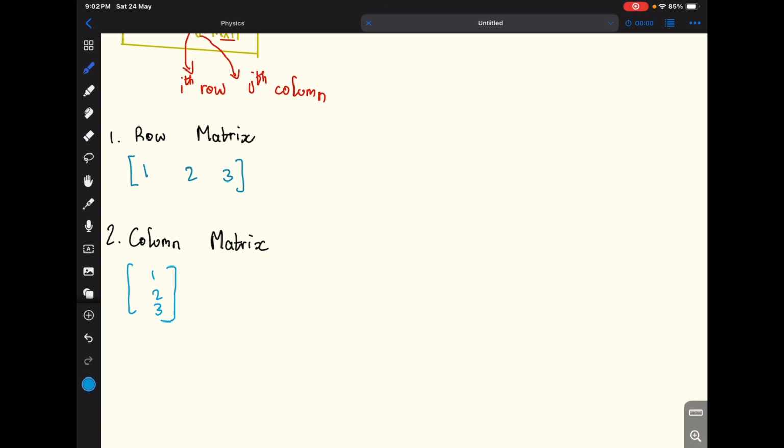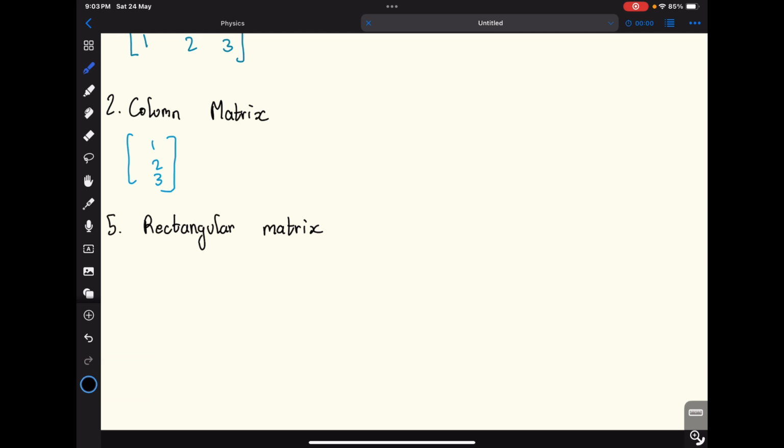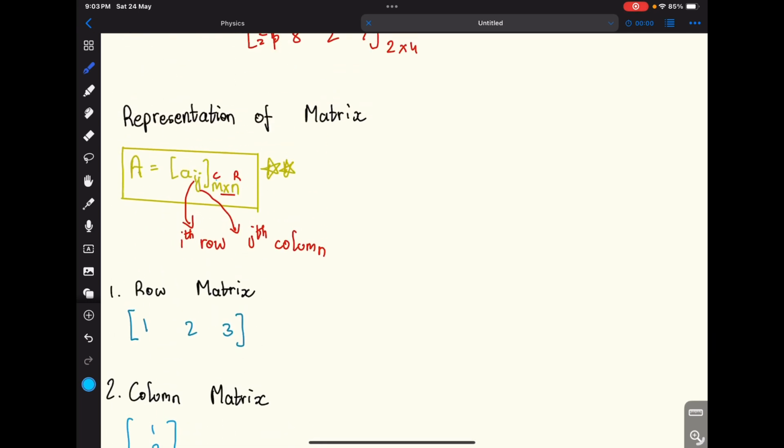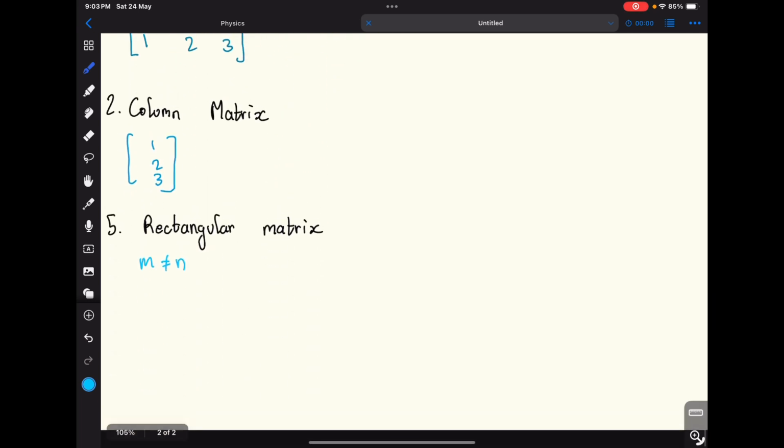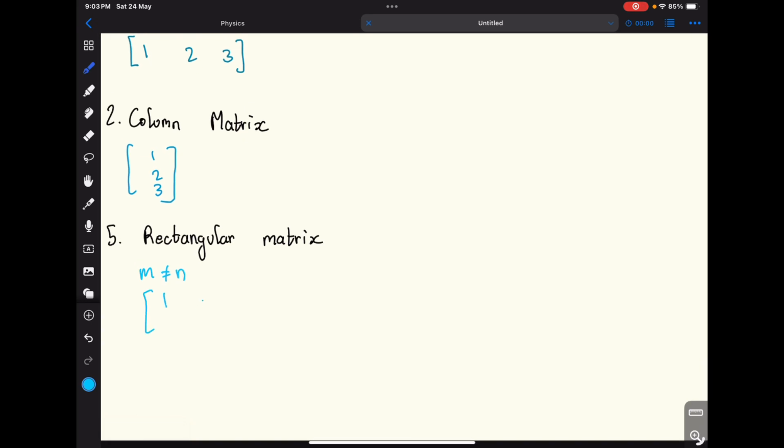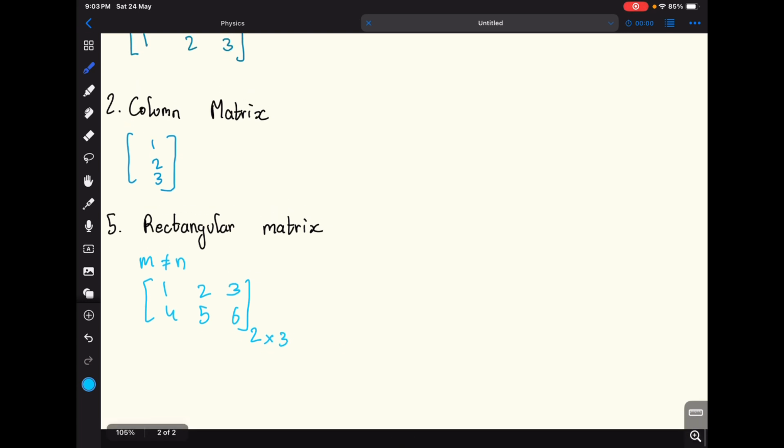Next comes the rectangular matrix. What is a rectangular matrix? A matrix where m is not equal to n. That means the number of columns and the number of rows are not equal. If we take an example, 1, 2, 3, 4, 5, 6. Here the number of columns is 2 and the number of rows is 3. So we can write this as 2 cross 3. This is a rectangular matrix because 2 is not equal to 3.